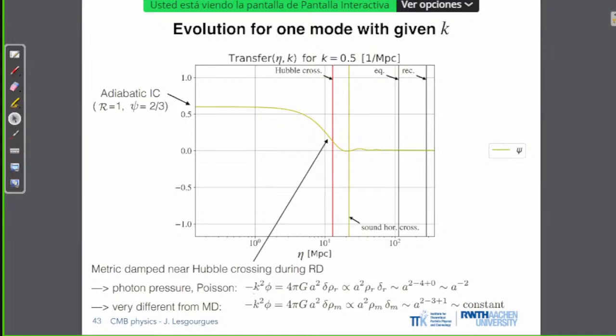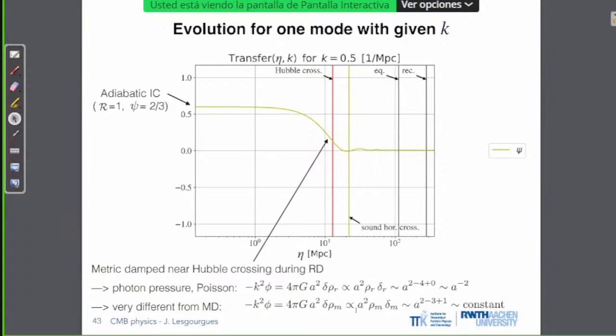I would then have on the right-hand side scale factor square, rho m, which dilutes like a to the minus 3, and delta m. And as Ruggiero said yesterday, when you look at the equations of motion of matter during matter domination, you find that density contrast grows proportionally to the scale factor in the linear regime. And this describes the gravitational clustering of matter.